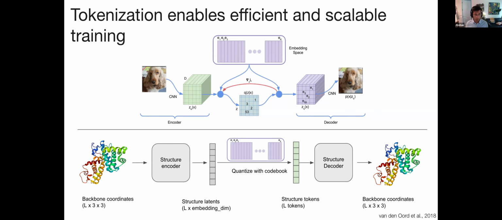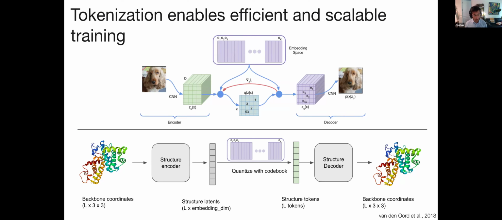When we were trying to ensure that everything that's input and output from the model is in the form of tokens, one of the key questions is, how do we tokenize structure? There's been some work on tokenizing structure with FoldSeek, but we really wanted to make sure that the representation we used was able to reconstruct the structure of the protein with very high resolution.